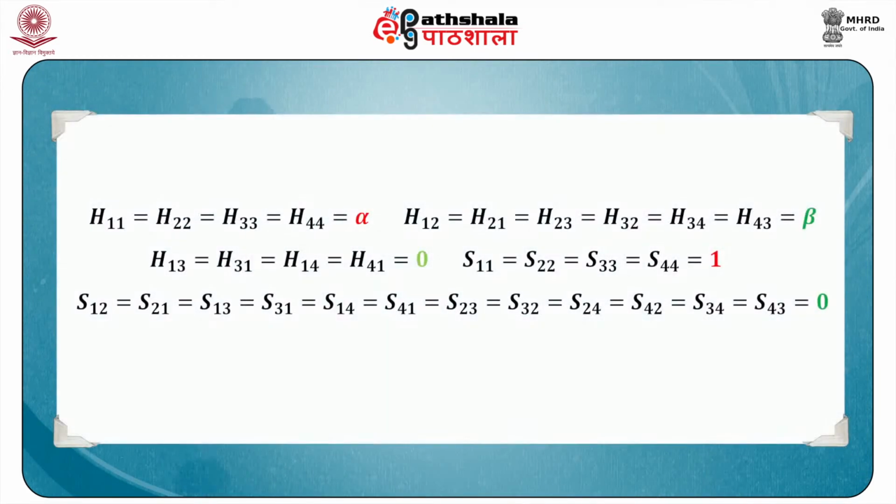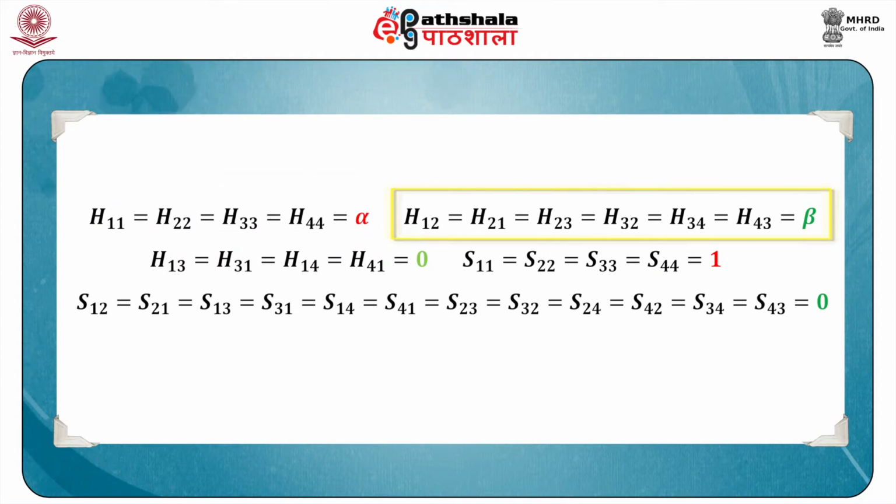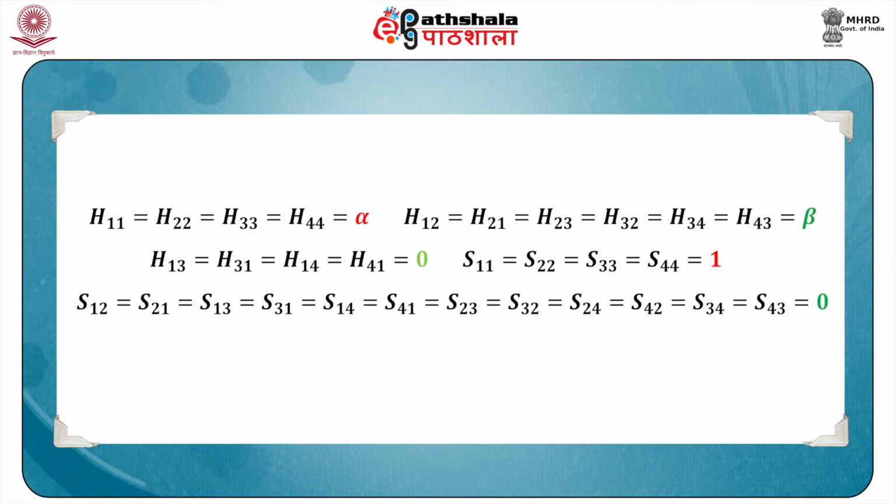So you can see here that H11, H22, H33, H44 all will be equal to alpha, which is the Coulomb integral. Similarly, H12, H21, H23, H32, H34, H43 will all be equal to beta, which is the resonance integral. For all other Hij, which are not directly connected to each other, those values will be taken to be 0.